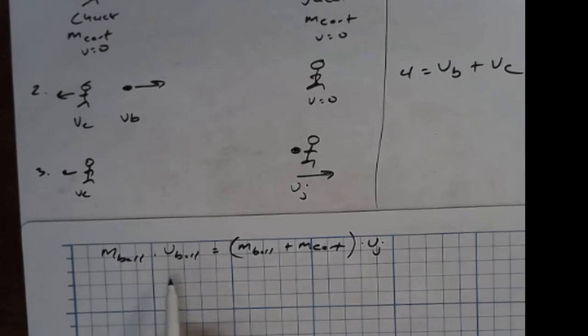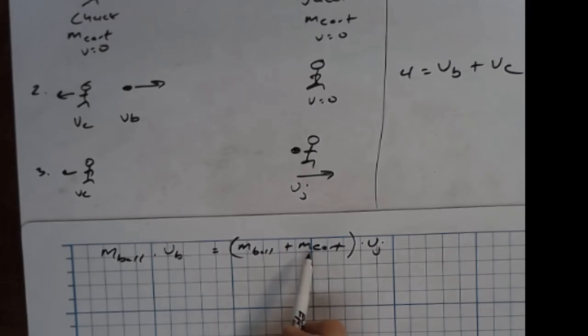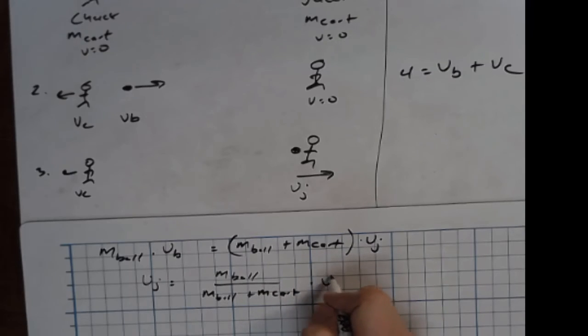So the question just asks, what's the velocity of Jackie in terms of the velocity of the ball? Actually says that's v sub b. So then I need to divide this over to the other side and rearrange, and I get velocity of Jackie is the mass of the ball over the mass of the ball plus the mass of the cart times velocity of the ball.